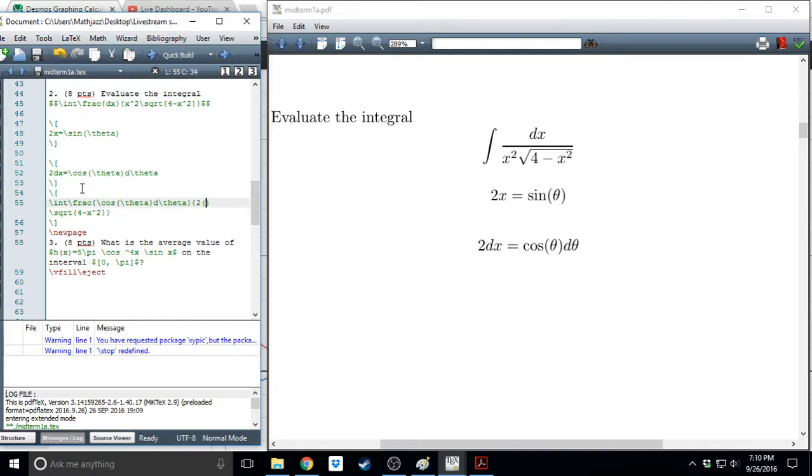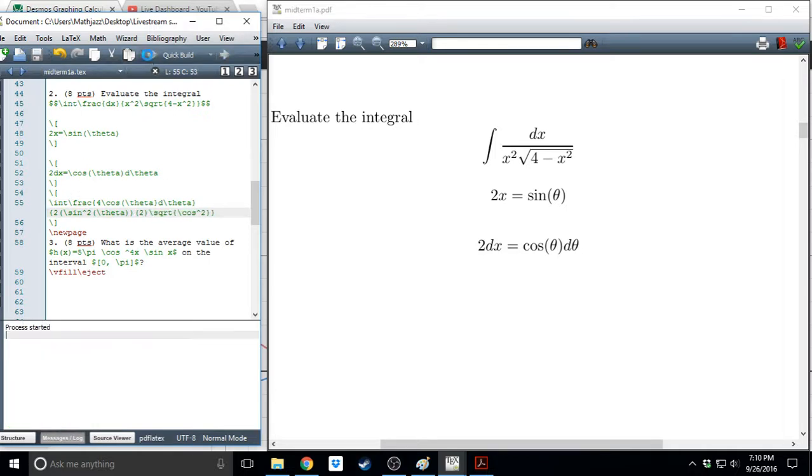The x squared is going to become sine squared theta over 4. And I'll pull the 4 into the numerator. And 4 minus 4 sine squared, we're going to get square root of cosine squared. 4 will come out as a 2.